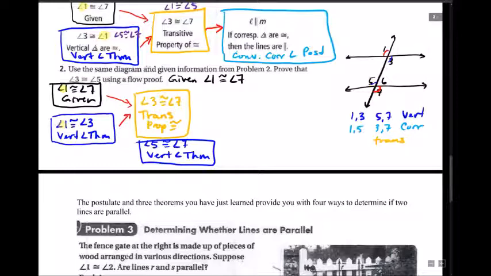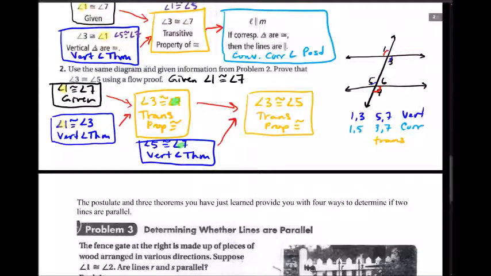Okay, and what do you see here? I see a 7 and a 7. So what are we going to do with that? Well, once again, we can use our transitive property to say angle 3 is congruent to angle 5 by the transitive property of congruence.